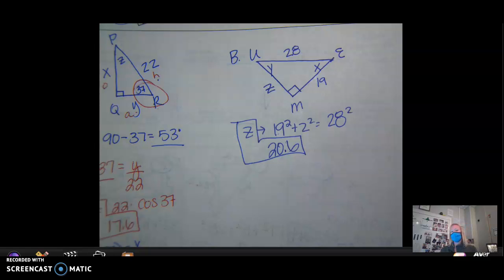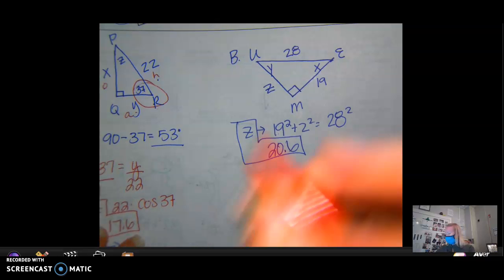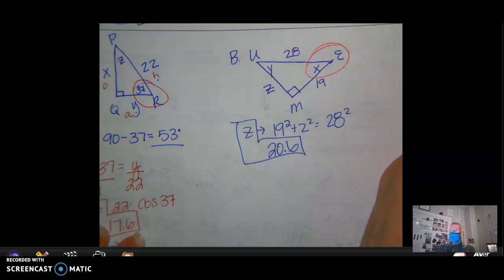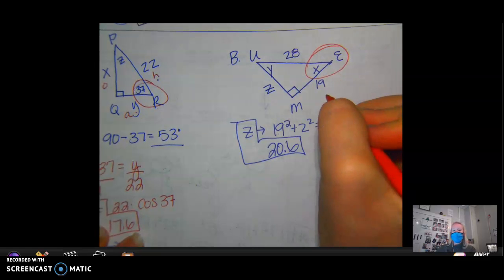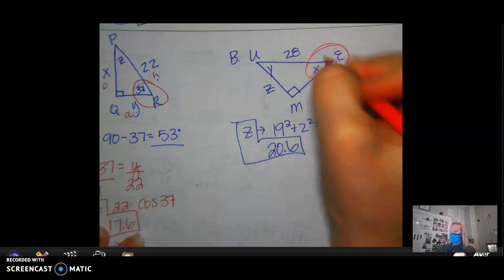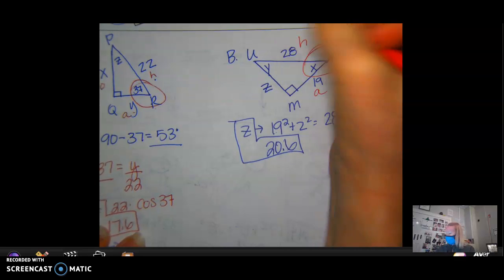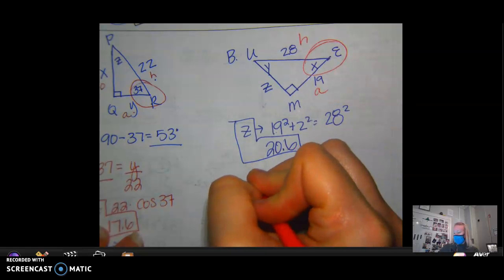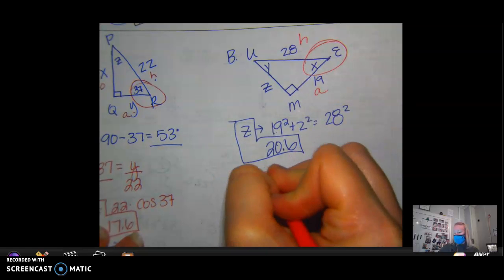Now, it does not matter which one you're finding first. I'm going to go ahead and find X first. And I'm going to use this side and this side. This side is what compared to the X? Adjacent. 28 is. So how would I set that up? Which one uses A and H? Cosine. So cosine inverse, right?